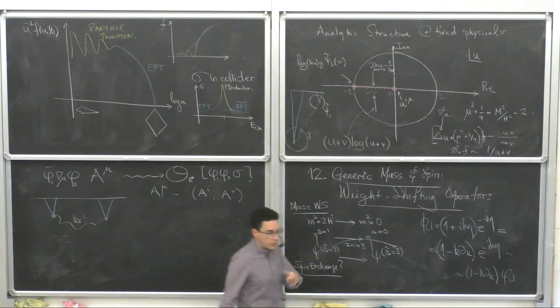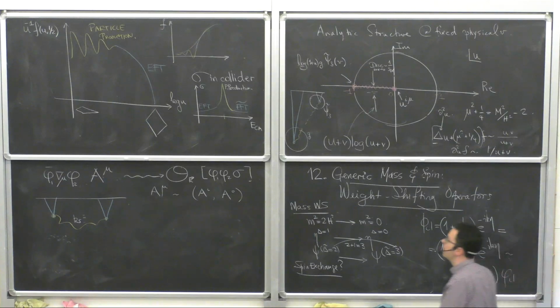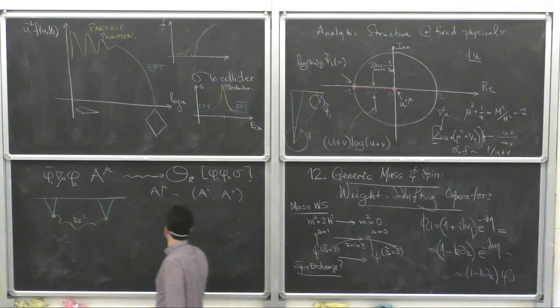Because then you can recycle the scalar exchange result, sprinkle it with derivatives, and then get the spin exchange result. Okay? Wouldn't it be nice?